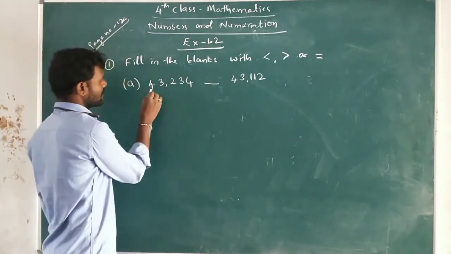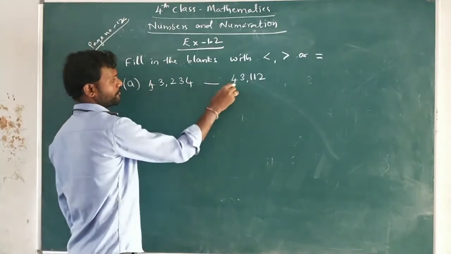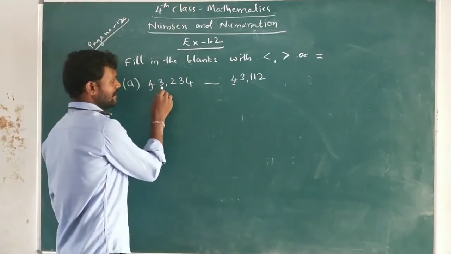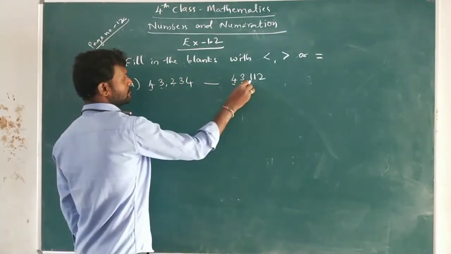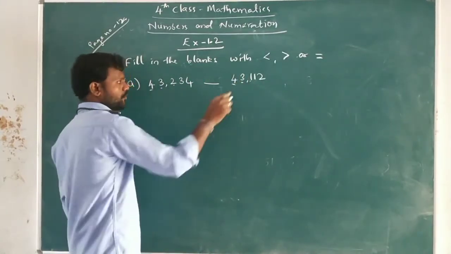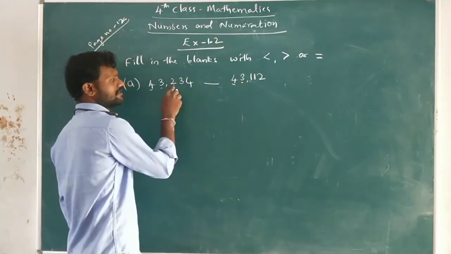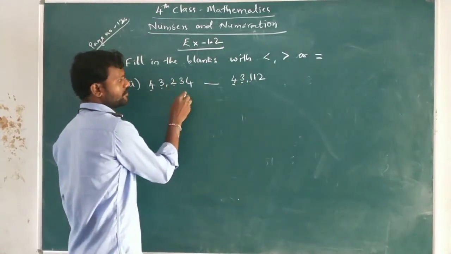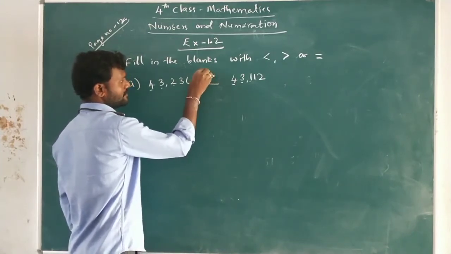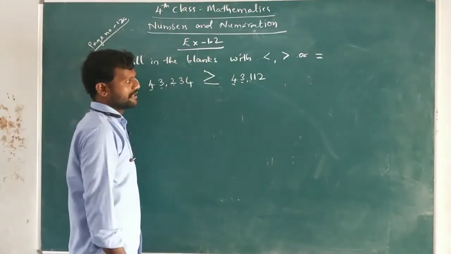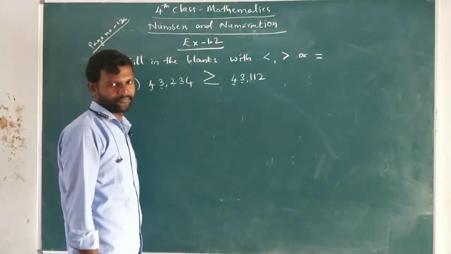What are the starting numbers? 4, 4. They are same. 3, 3. They are also same. 2 and this is 1. So 1 is smaller and 2 is larger. So what do we have to use? Towards the bigger number we have to write these two ends. So you have to write the greater than symbol here.